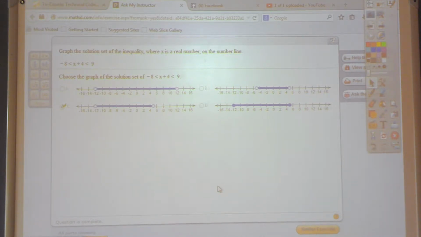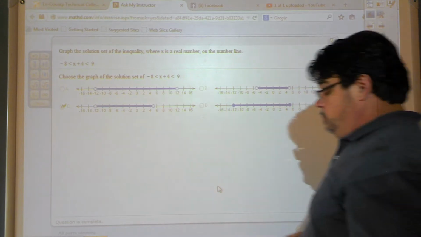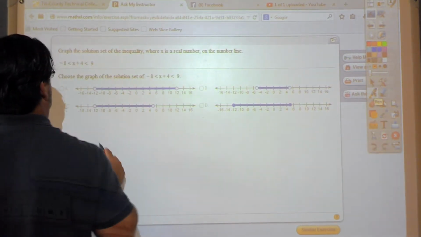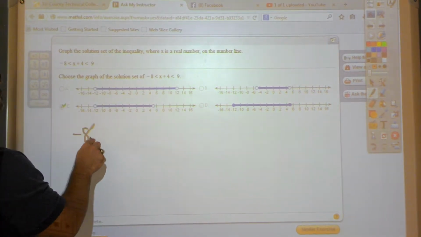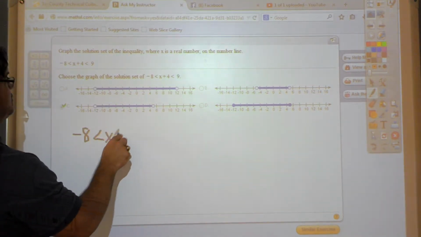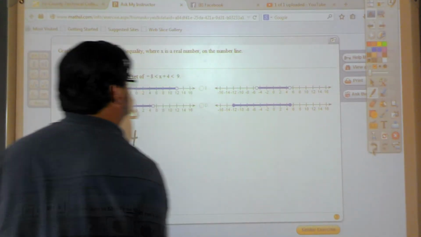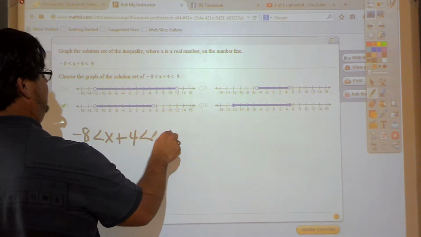So why does it say negative 12? Stay here just a minute. Well, how do you get rid of a positive 4? You subtract it. So let's subtract it. So negative 8 less than x plus 4, less than 9.